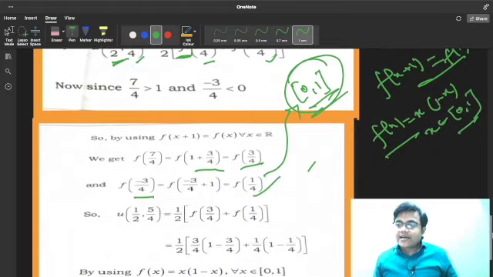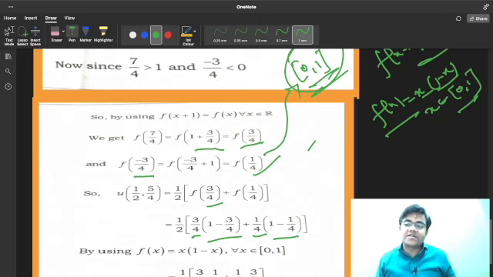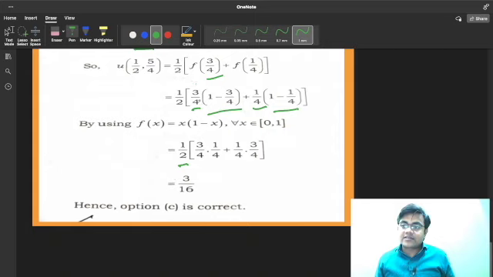So now what will we do? We will put all the values. f of x is equal to x into 1 minus x. So 3 by 4 into 1 minus 3 by 4, plus 1 by 4 into 1 minus 1 by 4, all multiplied by 1 by 2. 3 by 4 and 1 minus 3 by 4 is 1 by 4, and plus 1 by 4 into 3 by 4.